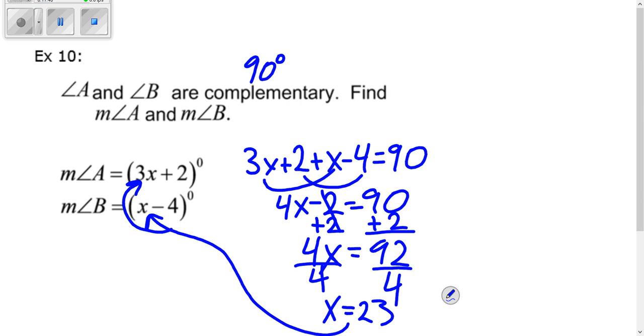So we have for angle A, 3 times 23 plus 2. 3 times 23 will give us 69, plus 2 will give us 71. So the measure of angle A equals 71 degrees.